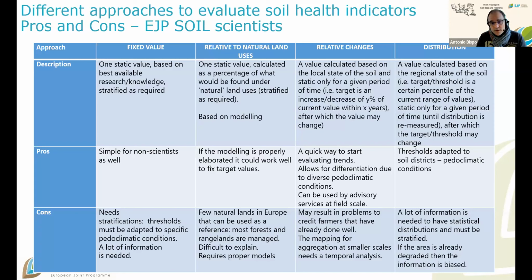And another point is that if the area is already degraded, then your information is biased, because your distribution will be pushed to low values, and then the target you are setting is already a degraded situation. It's not a normal or a median situation. So we need to take care of that.